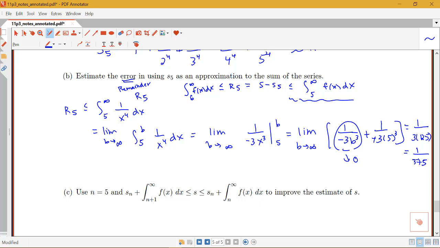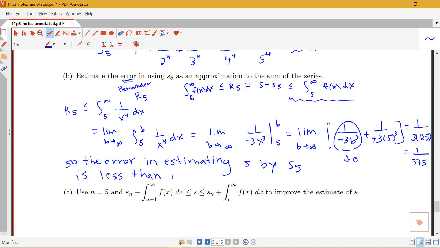So we can say that the error in estimating S, the sum of the series, by S5, the sum of the first 5 terms, is less than or equal to 1 over 375. So that's a pretty decent approximation.